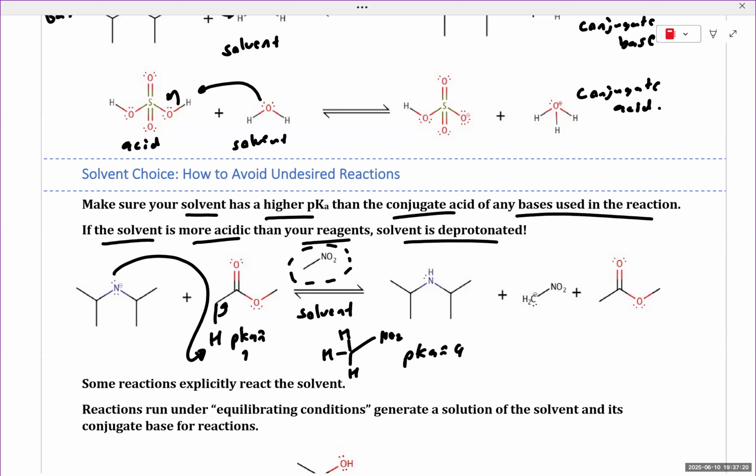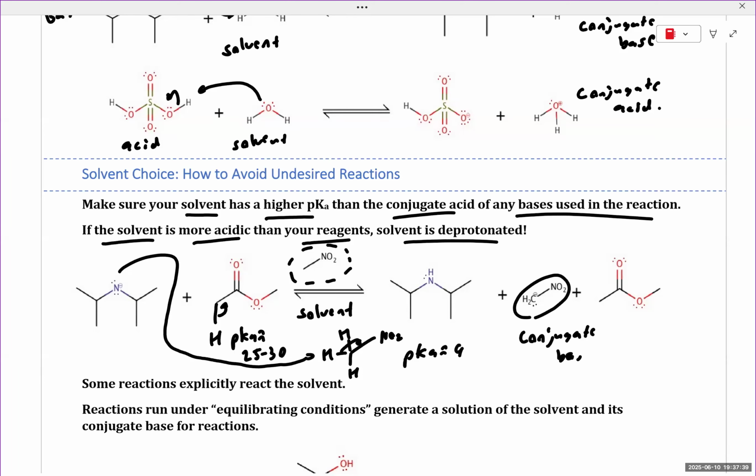This ester has a pKa of around 25 to 30. So rather than going after the ester, your base is going to pull off a proton from the solvent. And that's why you end up generating the conjugate base of the solvent in this case.